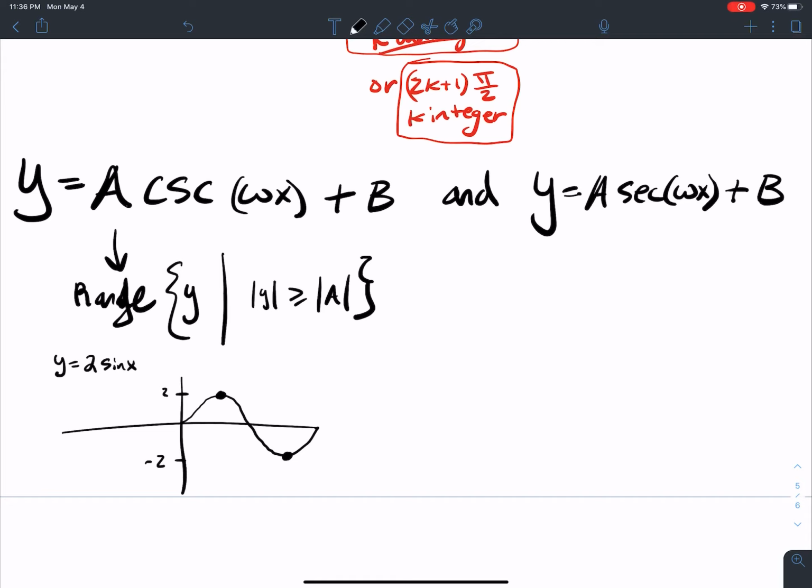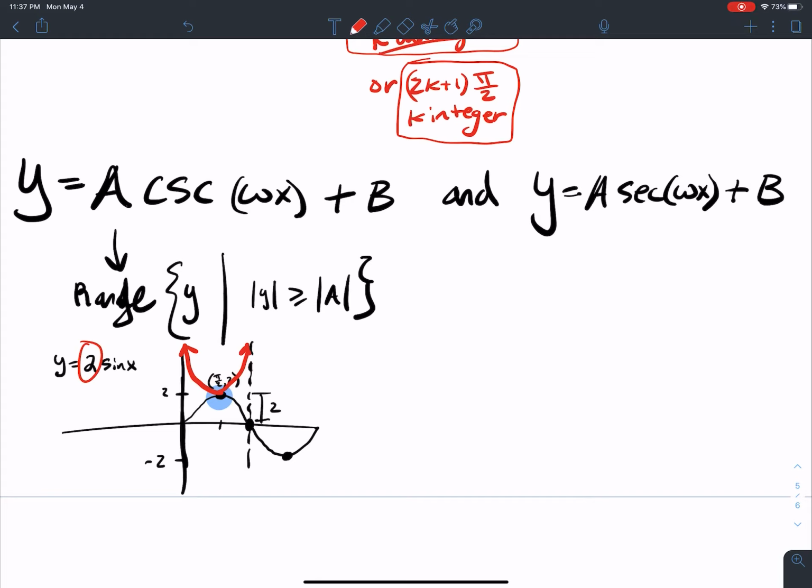So that amplitude, that height there, is 2. How do I know? Whenever I plug this in, this is like pi over 2 comma 2 here. Remember, whenever I go to draw my cosecant, I start right here at this point, and then I do my asymptote. So it would make sense that this is related to that 2 there.